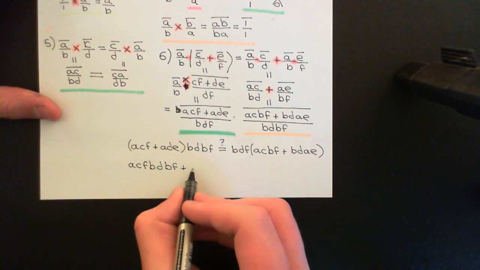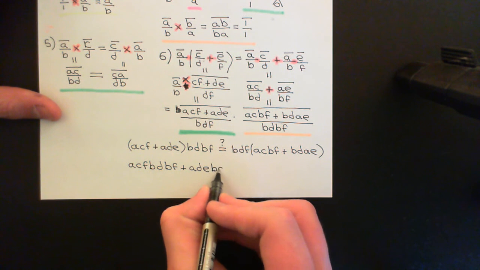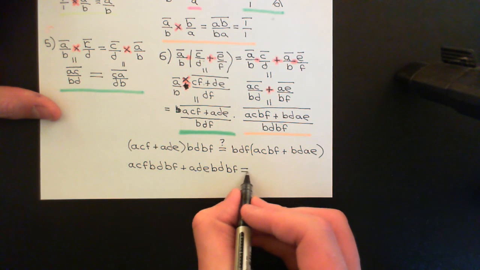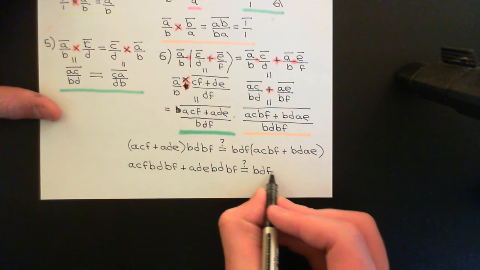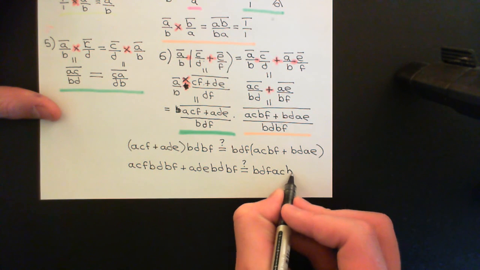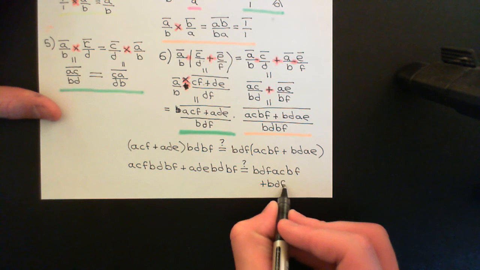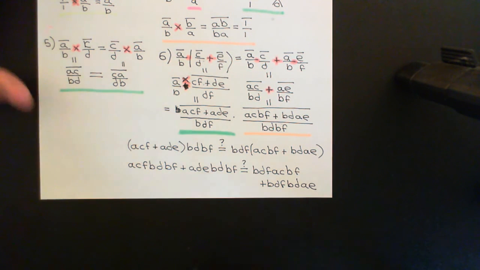And then the second thing we'll get is plus a times d times e times b times d times b times f. So that's the left hand side. Now let's do the right hand side. So we'll get b times d times f times a times c times b times f, plus b times d times f times b times d times a times e.